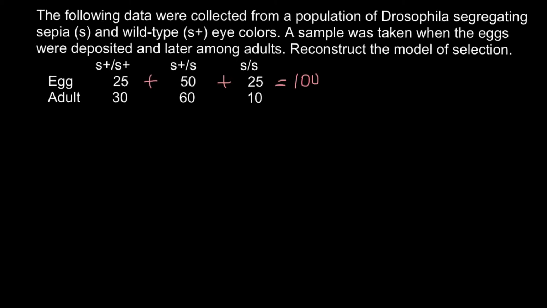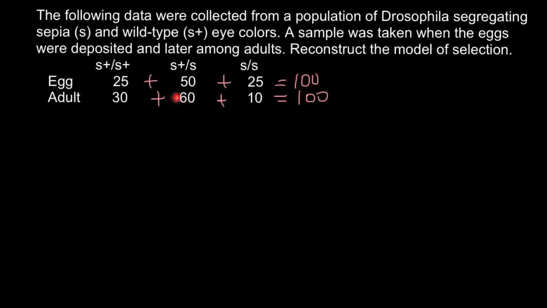But when these Drosophila become adults and we count once again 100 adults, if we add all these numbers we get 100 once again, and we find different frequencies here. This genotype, instead of 25%, now would be 30%.